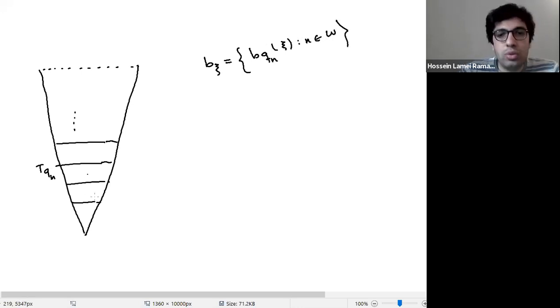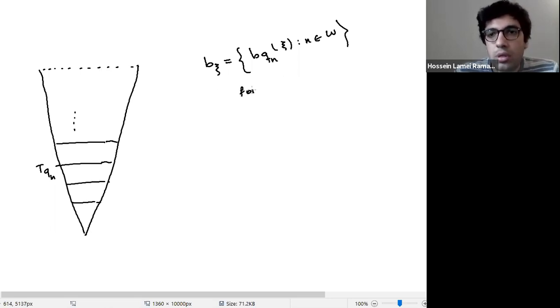This is going to give you a cofinal chain of the tree. By cofinal, I mean it's going to go up to the highest levels, as high as you want. It's not going to be literally a branch, but it's going to go as high as you want. And it's going to be a chain.